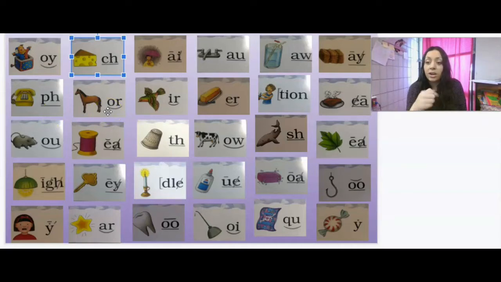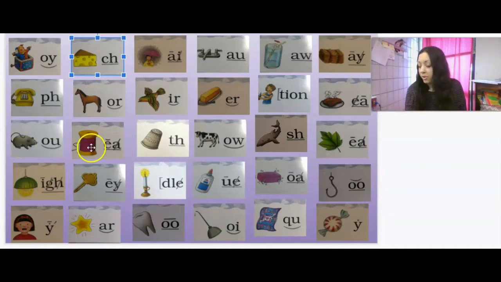Horse, or, combination OR. Bird, combination IR. Butter, combination ER. Lotion, shun, final syllable TION. Steak, A, digraph EA.